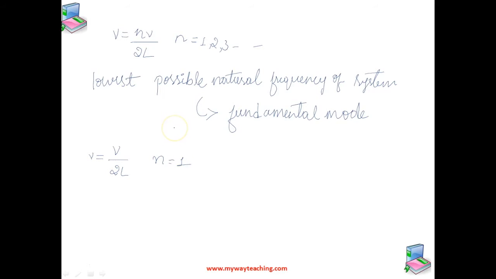And here v is the speed of the wave, which is determined by the properties of the medium. For n is equal to 2, it is called the second harmonic.